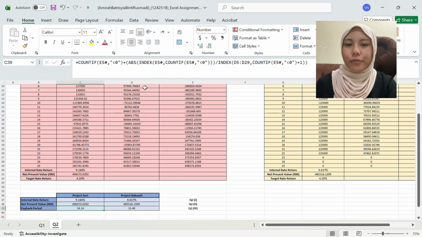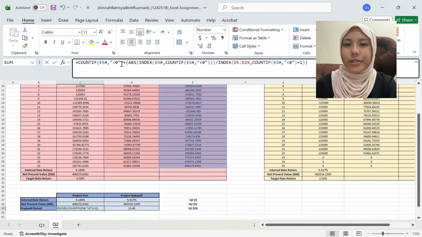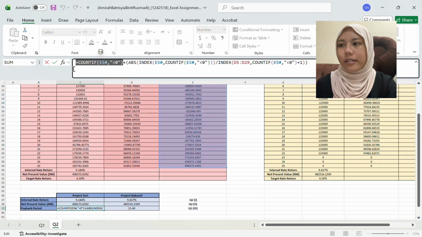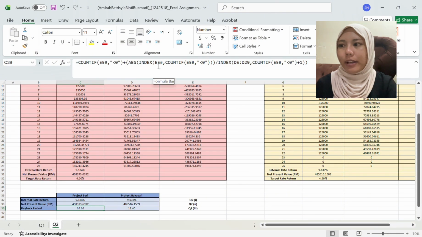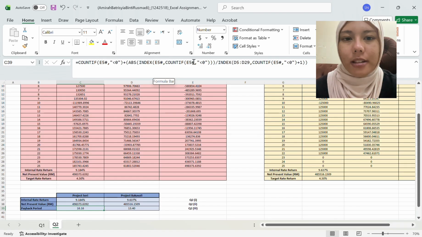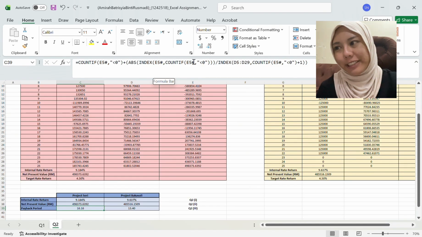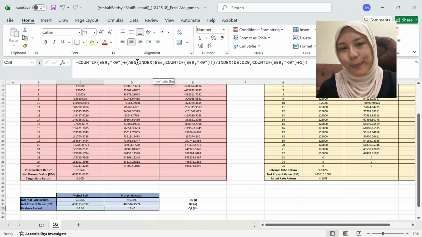The purpose of this formula is to calculate the precise time needed to recover the initial outlay. This one counts 16 full negative years, and then this one, and then extract, and then this one here.